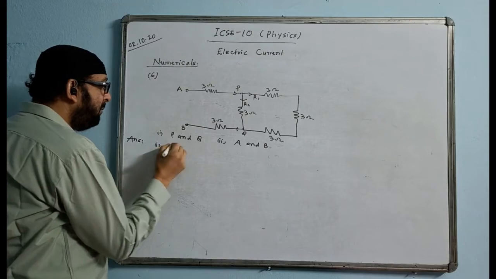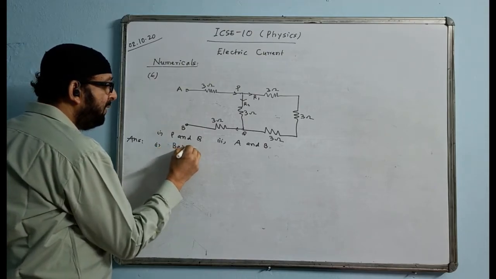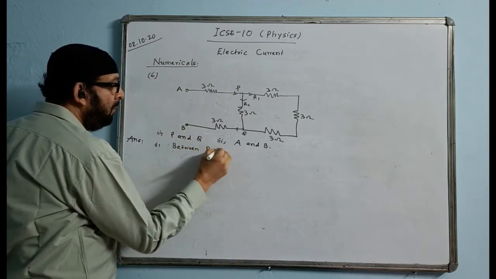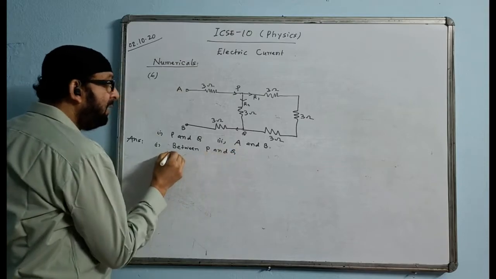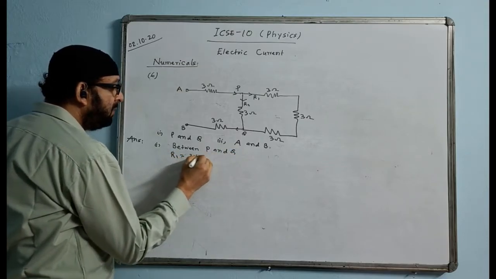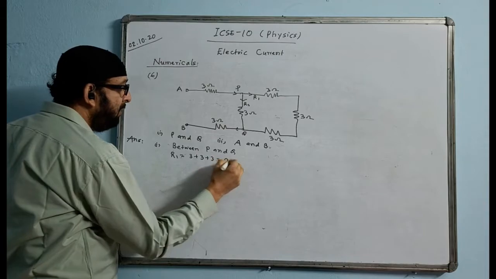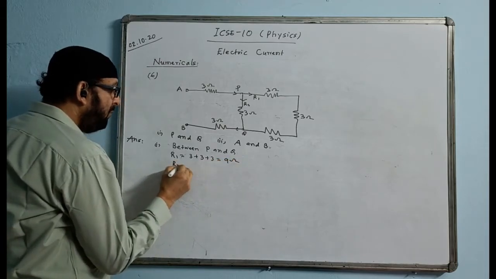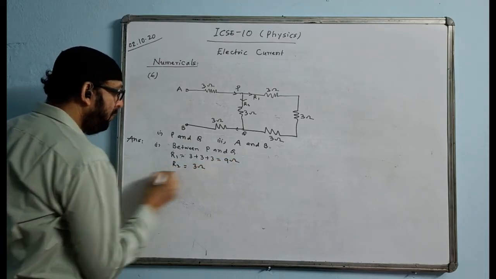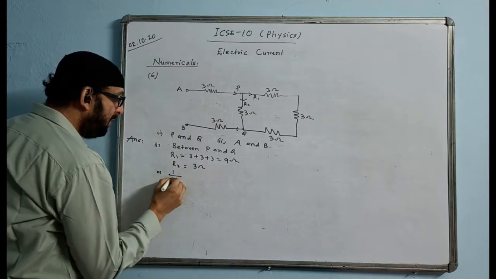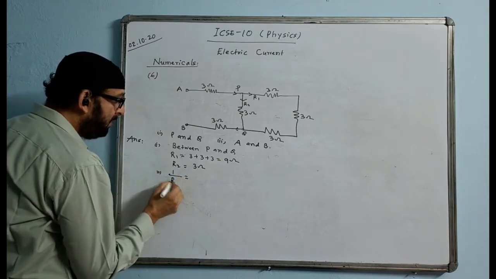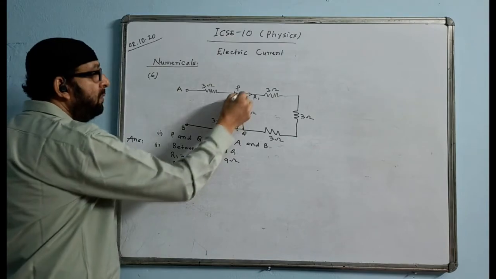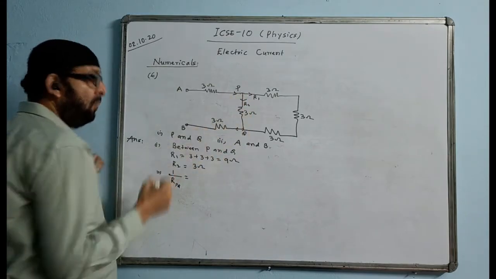The first part we are doing is between P and Q. For that I write the R1 value first: 3 plus 3 plus 3, that is 9. And the R2 value I write here, 3 ohm. Therefore they are in parallel, so I write the parallel formula of resistance between PQ.